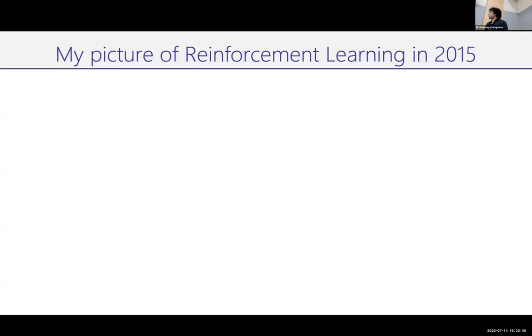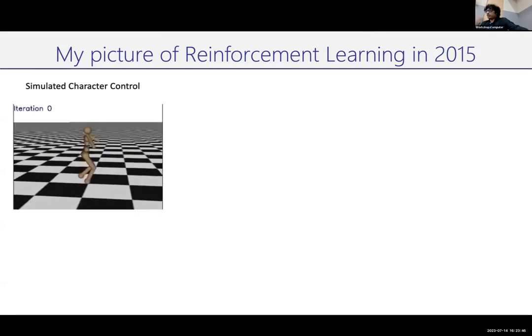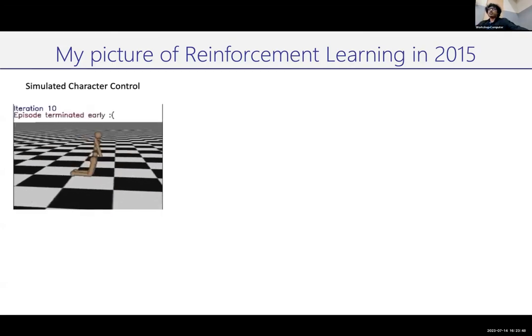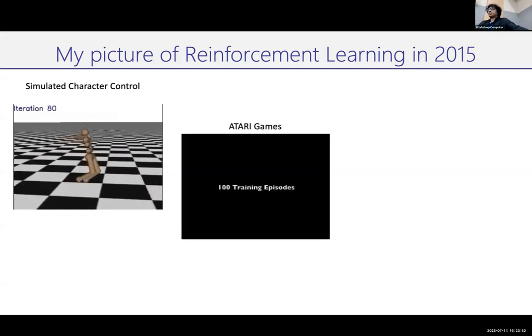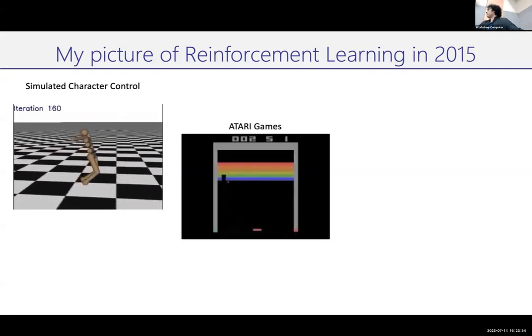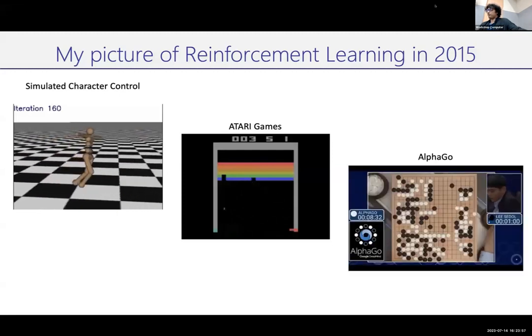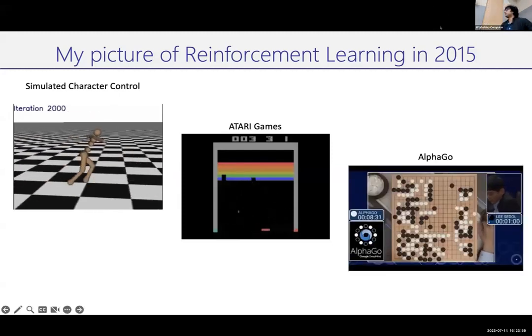Okay, so I'm going to start with a bit of history. This was when I started my PhD back in 2015. That's when John Schulman was doing simulated character control, and that was pretty amazing. The Atari game work was coming out, and then there was also AlphaGo, which was a big thing back then.